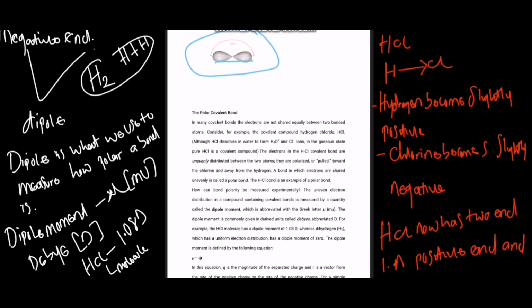So, since the electrons are shared equally, its dipole moment in hydrogen gas is 0 altogether. Hydrochloric acid has a dipole moment of about 1.0 D because it has a polar covalent bond.